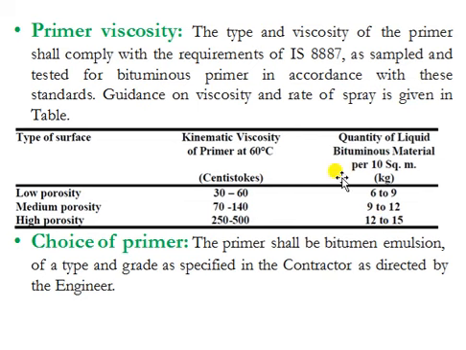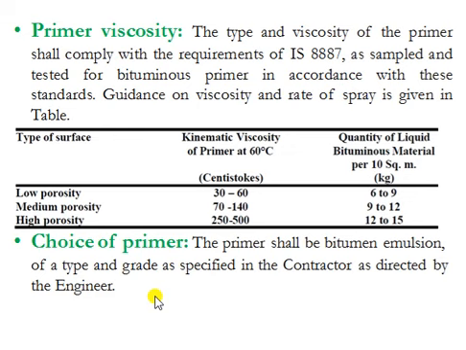The prime coat will not succeed if the emulsion is of a viscosity that does not correspond to the gravel or has too high a breaking speed. So, choice of primer. The primer shall be bitumen emulsion of type and grade as specified in the contract or as directed by the engineer.